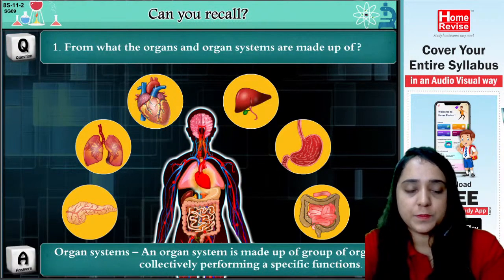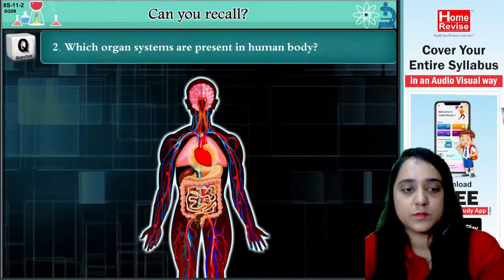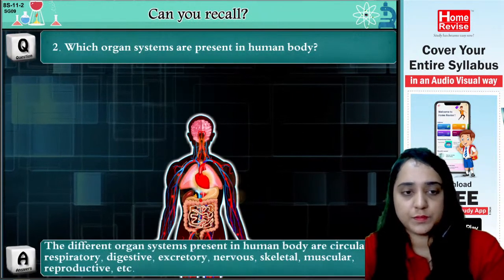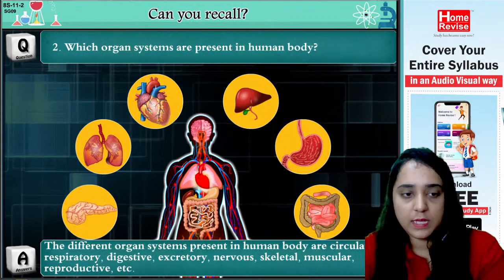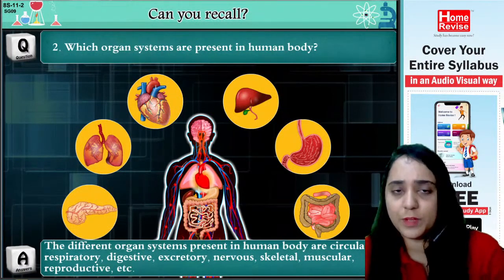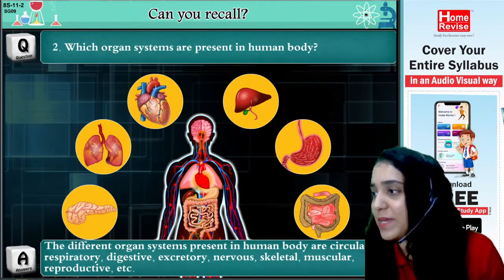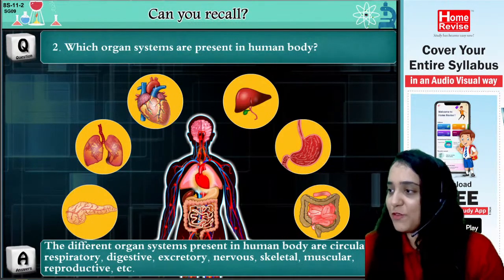Now pay attention. Second, which organ systems are present in the human body? See, the question is which organ systems are present in the human body? Can anyone tell me any one or two of the organ systems present in the human body? Yes, Gauri, it is correct.